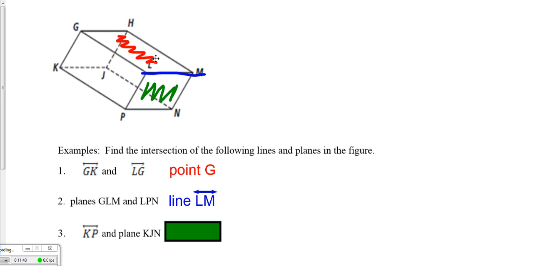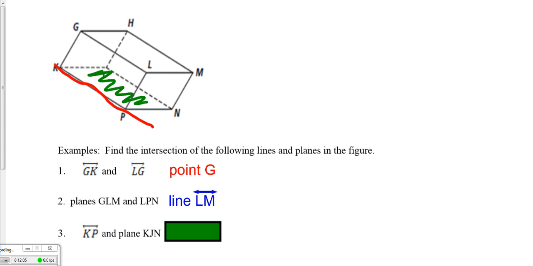Line KP is right here, and I'm going to go through it. Pretend that it extends forever. And plane KJN. KJN is kind of that bottom piece that is really hard to see.